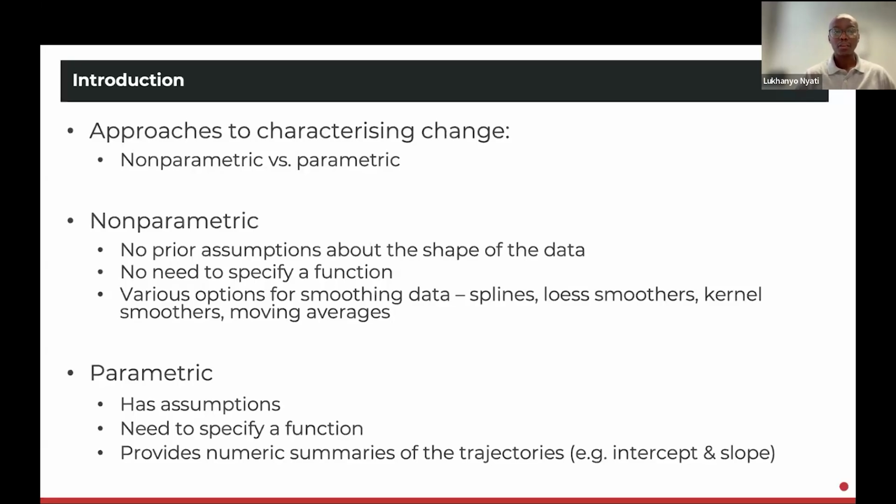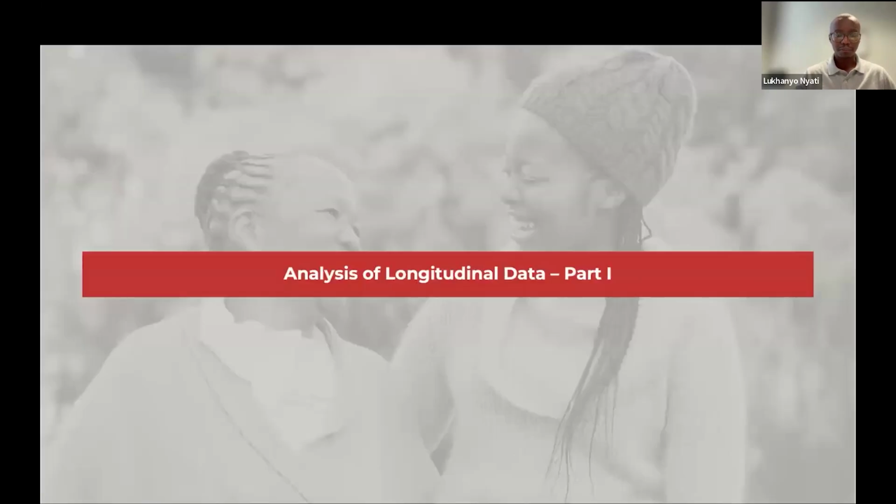Whereas with parametric data, you have a priori assumptions that you have to make about the shape of the data, and you need to specify a function. But they also provide summaries of the trajectories, such as the intercepts and the slopes.